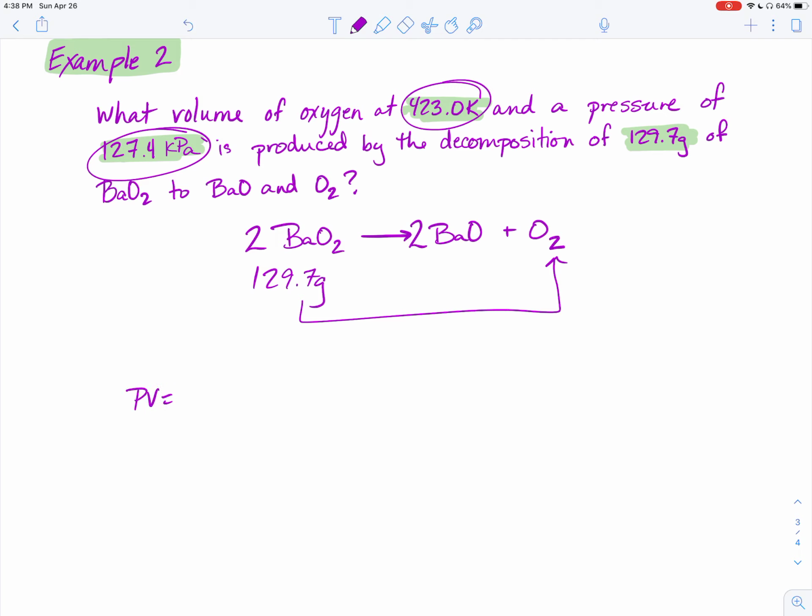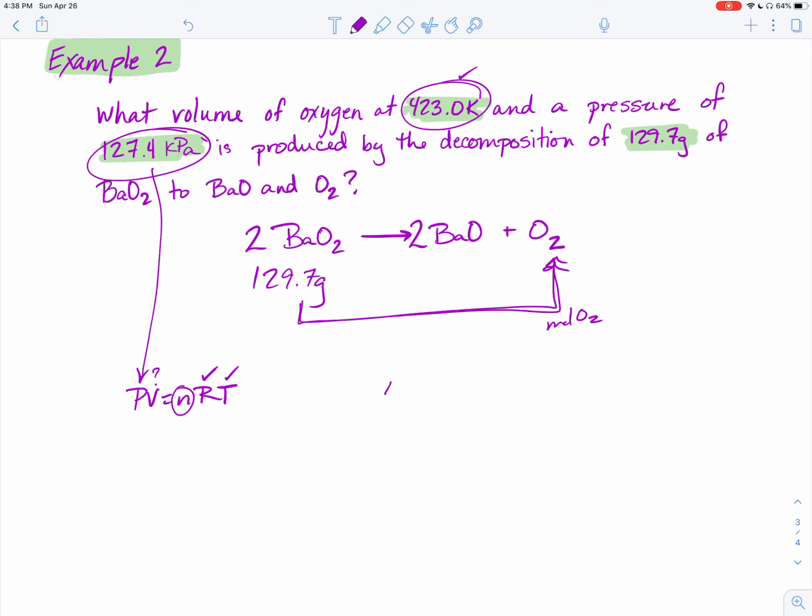PV equals nRT. We know the pressure, we know the temperature, and we know the R value, a given constant, and we're asking for the volume. The only thing we need to solve for using stoichiometry is the number of moles of O2, which is a really easy problem that we've learned how to do in many previous chapters.